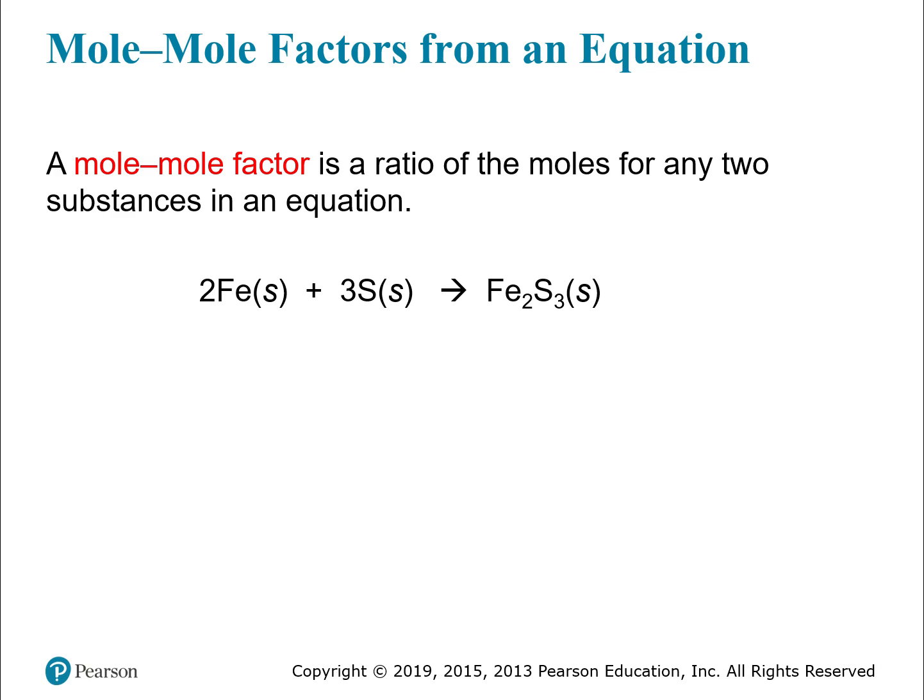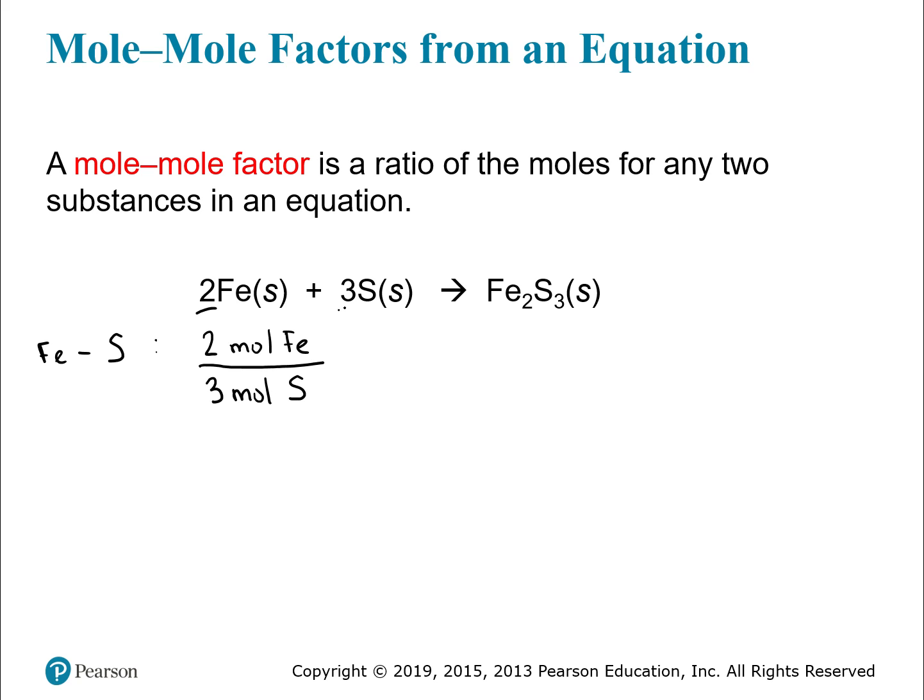With that said, we can write a mole-mole factor that talks about the ratio of the number of moles for any 2 substances in an equation. Let's say that we wanted to write a mole-mole factor for iron to sulfur. That means we're going to write the number of moles of iron that we have for all of the moles of sulfur that we have.